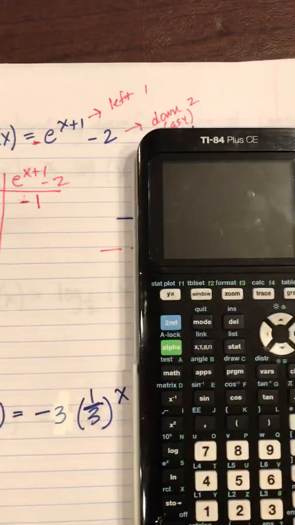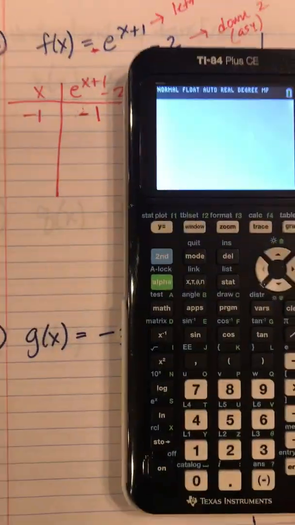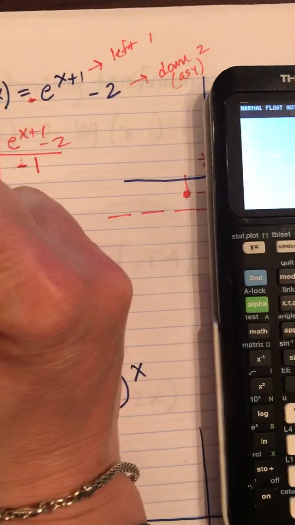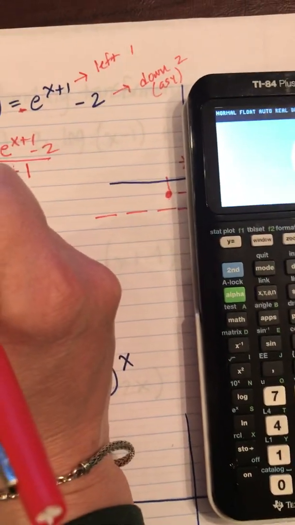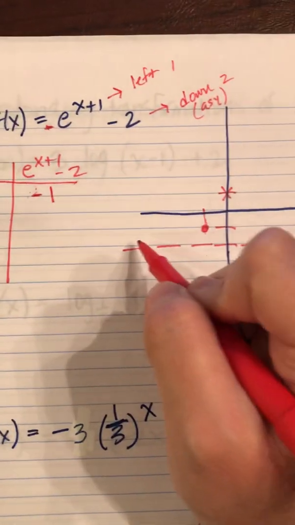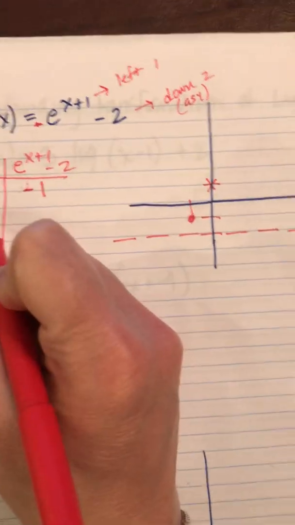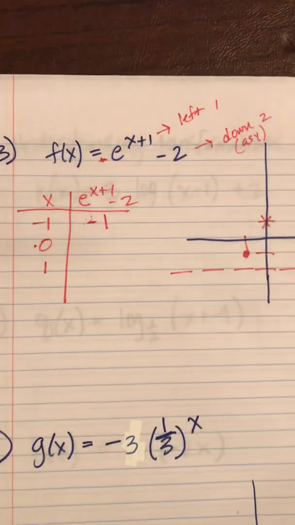All right, to get 2 other points, I want you to grab your calculator. Let's say we're going to plot the point 0, for example, because I know it represents growth, right? So I know it's going to go up this way. So let's pick an x value over here, 0 and +1.